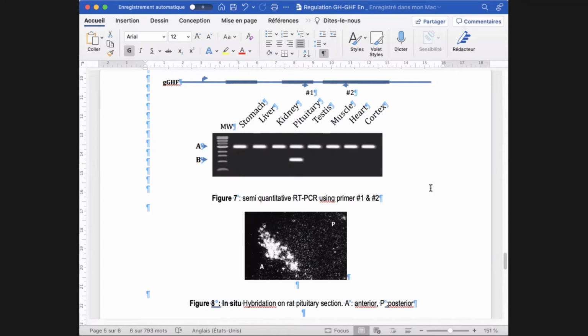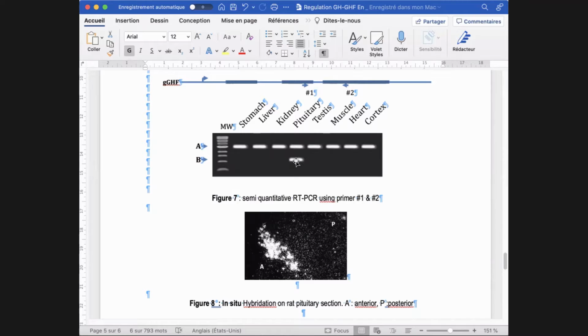The RNA is converted by reverse transcriptase into cDNA, which is double-stranded DNA. Then we do a PCR using specific primers of the target gene in order to amplify this cDNA. This RT-PCR is semi-quantitative, because we will see in depth just after when we study quantitative RT-PCR.